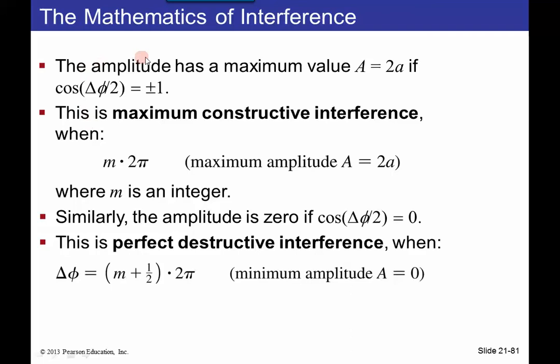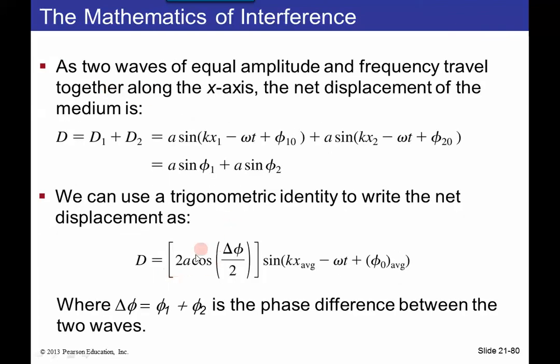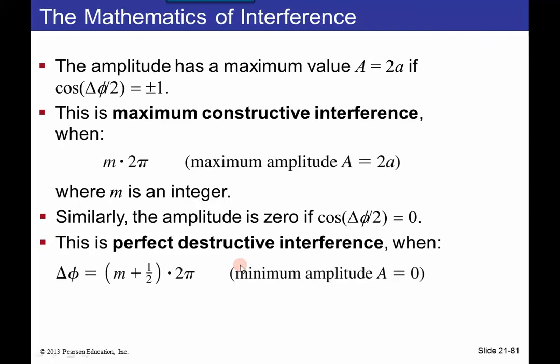The maximum amplitude you could have is 2a, and that happens when the cosine is 1, which happens when the thing inside the cosine equals a multiple of 2 pi.